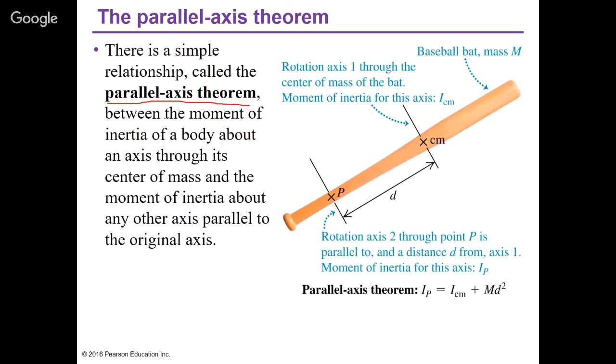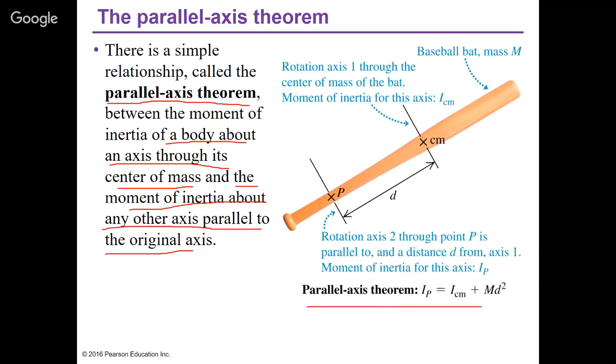It's talking about the moment of inertia of a body about an axis through its center of mass, and the moment of inertia about any other axis parallel to the original axis.